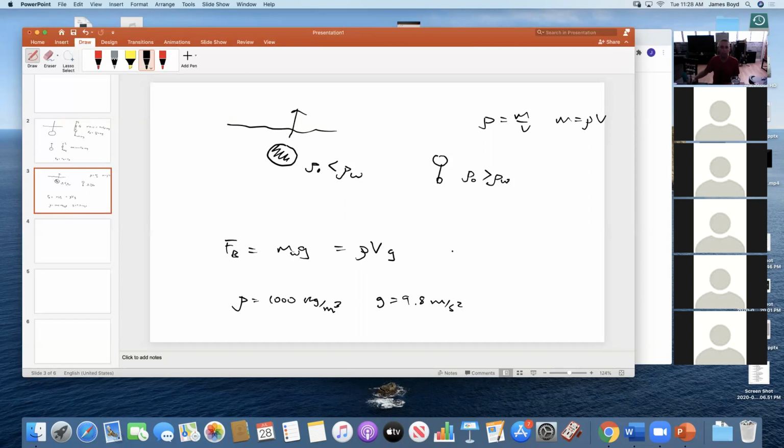So rho g is really 9,800, I'm sorry, rho g is really 9,800 times V. So if we can figure out what the volume is of this object, we can figure out what the buoyant force is from that.